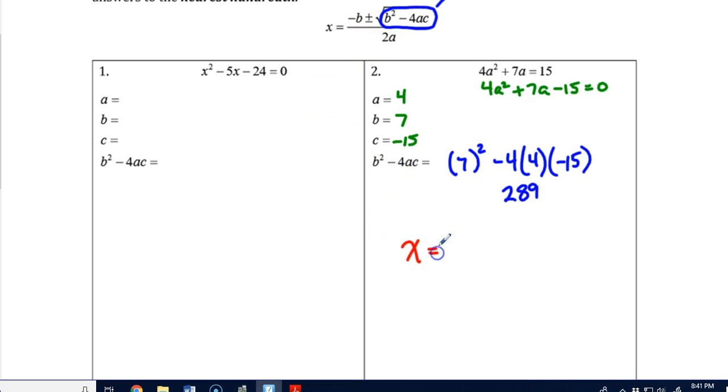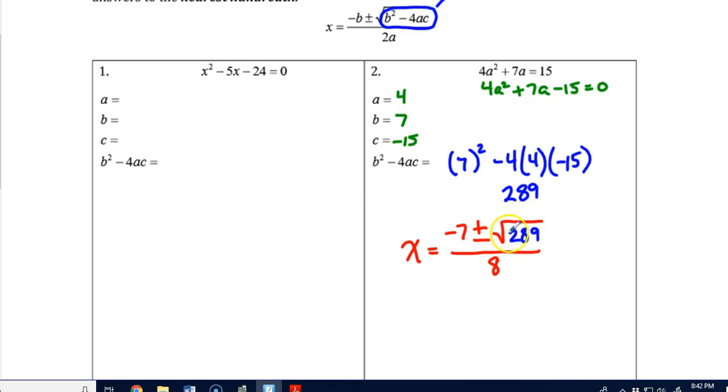X equals opposite b, well, that's easy, negative 7, plus or minus the square root of b squared minus 4ac. Well, that sounds familiar. I think I just worked that out, right? Yeah, we did. It's 289, all over 2 times a. Well, that's easy. A is 4, 2a is 8, right? Now we just have 3 numbers in this quadratic formula.